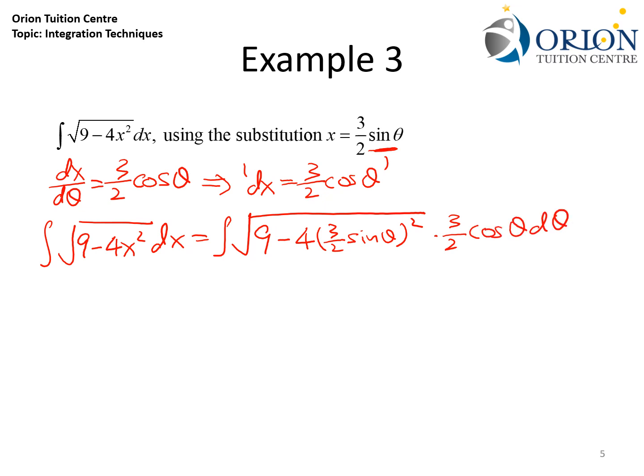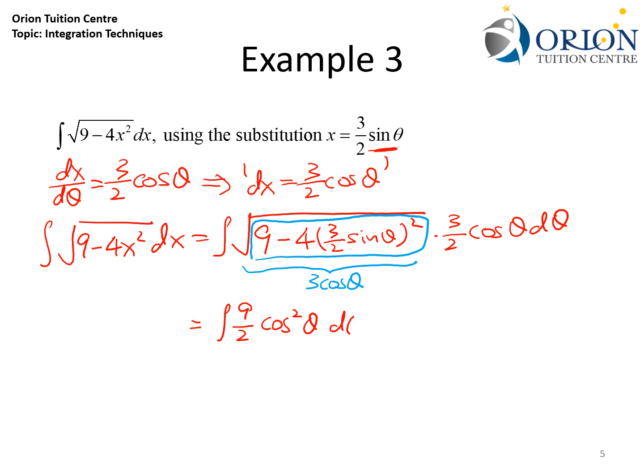Now if we simplify this, the term within the square root becomes 9 minus 9 sine squared theta, which is 9 cosine squared theta, and after you apply the square root, it becomes 3 cosine theta. So this term becomes 3 cosine theta, and if we multiply by 3 over 2 cosine theta, we will end up with the integration of 9 over 2 cosine squared theta d theta.